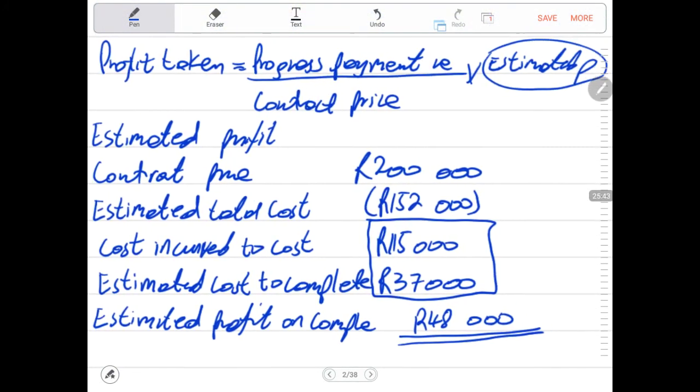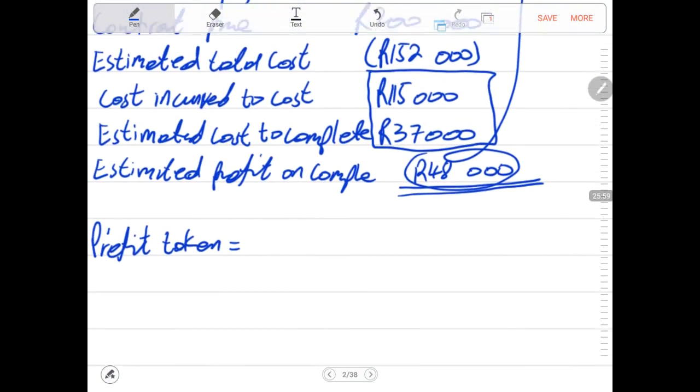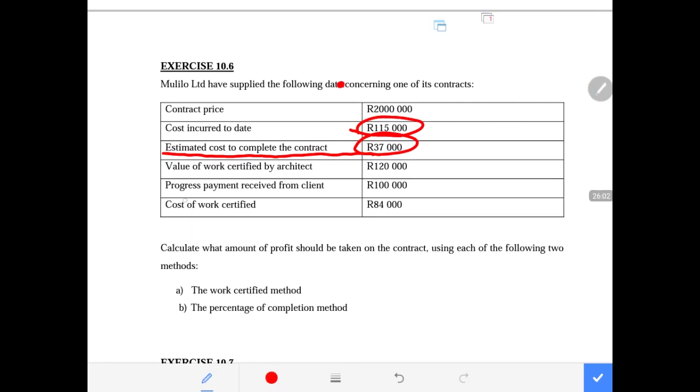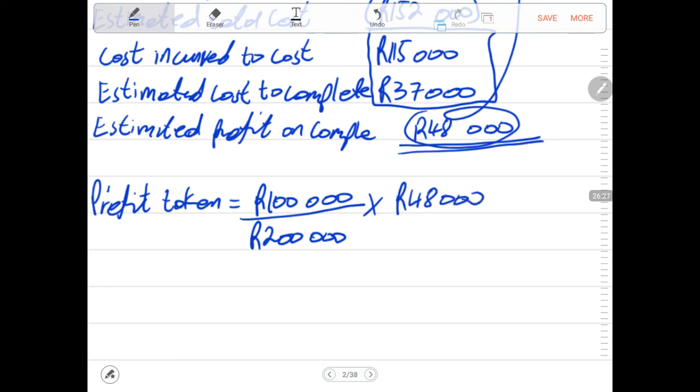Therefore, now that we do have this part of the formula, then we can say profit taken equals, the formula says progress payment received, and our progress payment cash that is received is a total of 100,000 rands divided by 200,000 rands being the contract price, times estimated profit to complete, which is 48,000 rands.